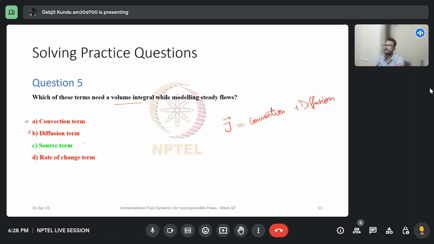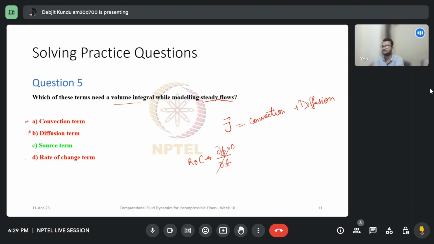Option D, the rate of change term, dou phi dou t, would also need a volume integral, but you have to notice carefully that the question said steady flows. In steady flow, this identically becomes 0 and remains 0, so we don't need to worry about it.